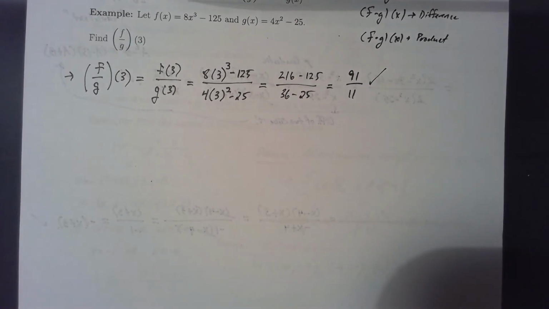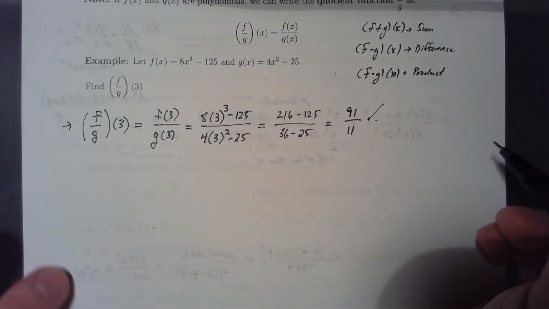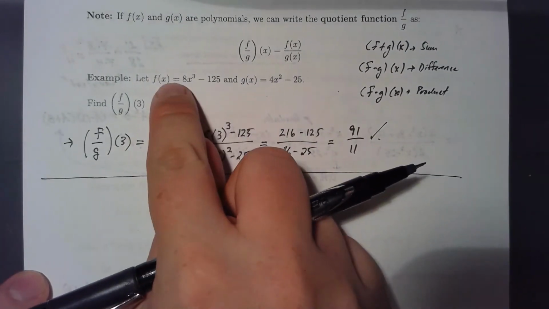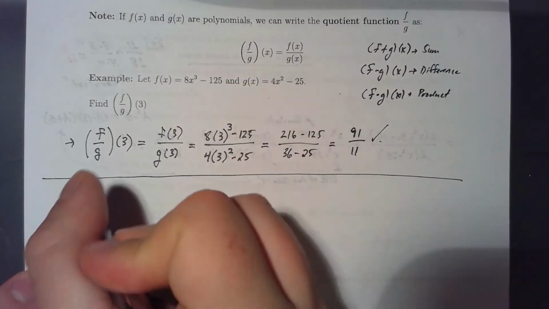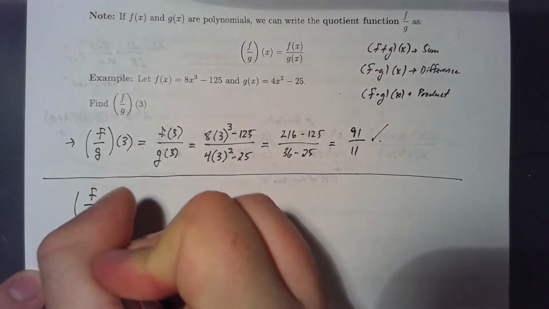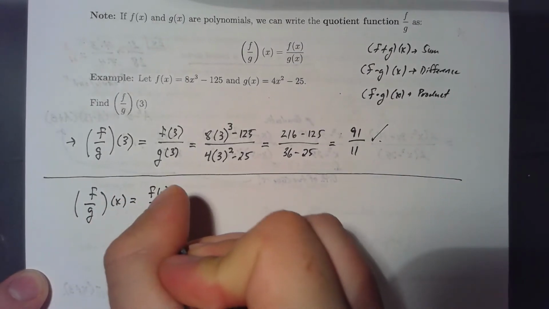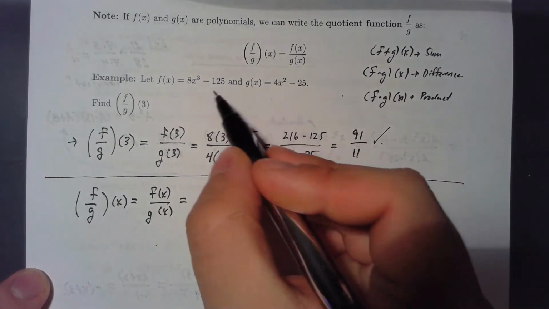So, that's one way you could do it. Another way you could do it is by writing this out using this notation. Replace f of x and g of x with the functions that are given.